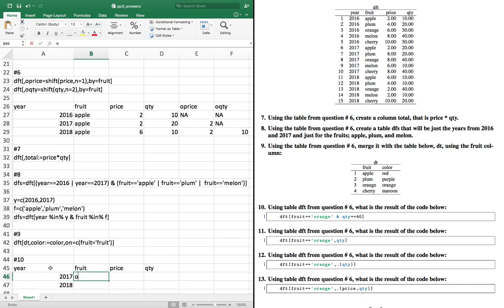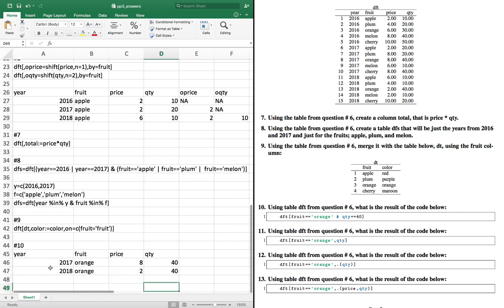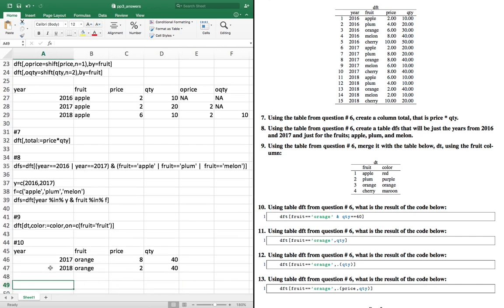Obviously, the fruit is orange. The price is 8 and quantity is 40, obviously. And for 2018, it's 2 and it's 40. Real easy. It just ended up being 2 rows, but all the columns. And again, it's all the columns because we didn't use that second area of the data table to specify which columns we wanted.